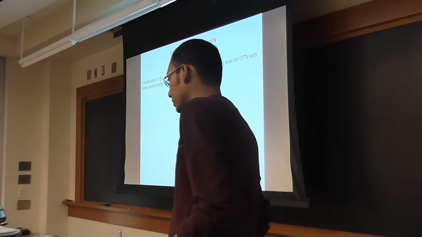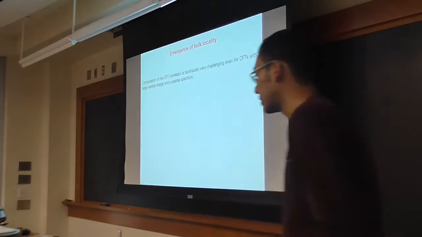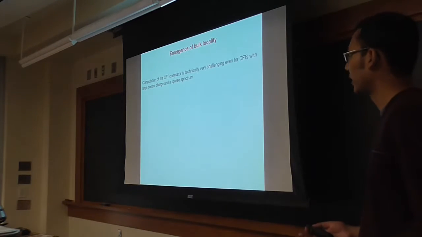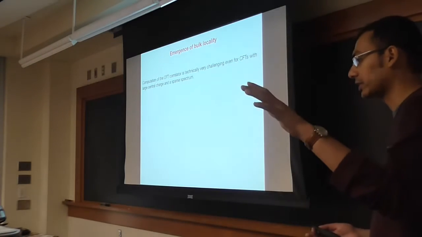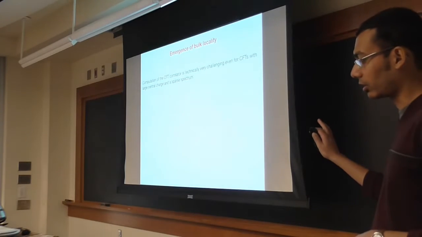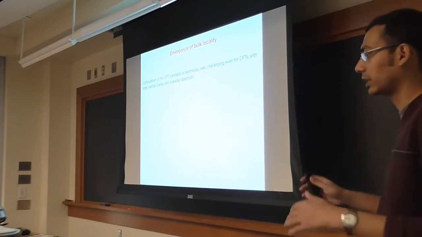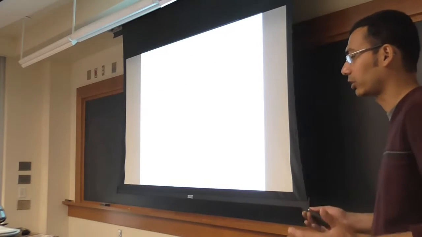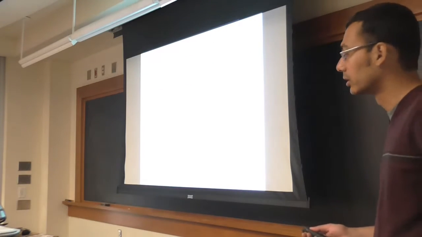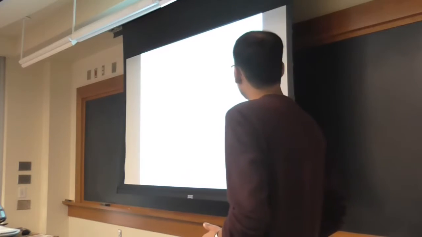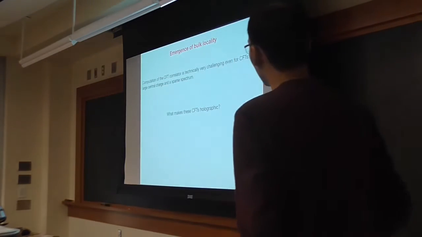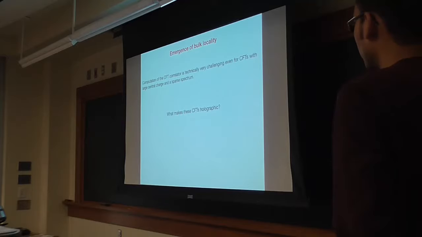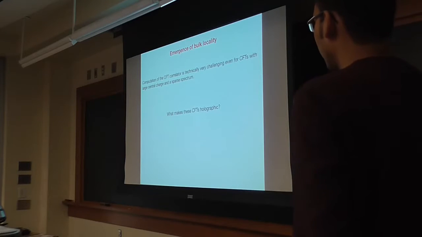So in other words, all these derivations are not very transparent. If you start from holographic CFTs, you start from a 4-point function. All the individual steps are very complicated. At the end, you always get a two-derivative bulk action. Also, all these derivations don't answer the question of what makes these CFTs holographic.